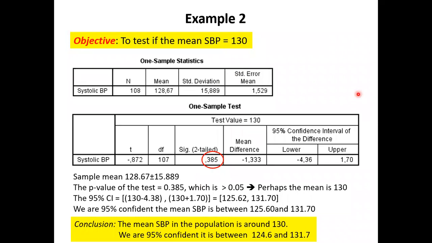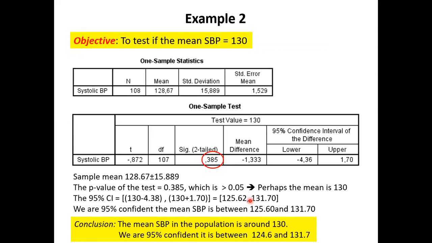Right, look at the interval. Add 130 to this and 130 to this, and you'll get this value. Look at 130 now. It's falling inside the interval. Yes, possible. It can be anywhere between 125 and 131. 130 is right inside here.